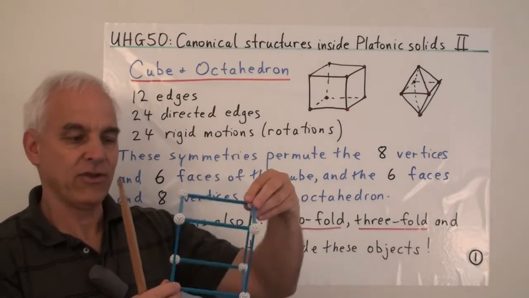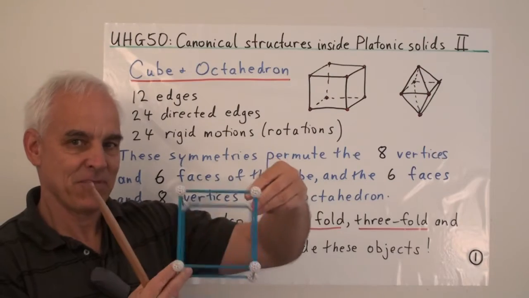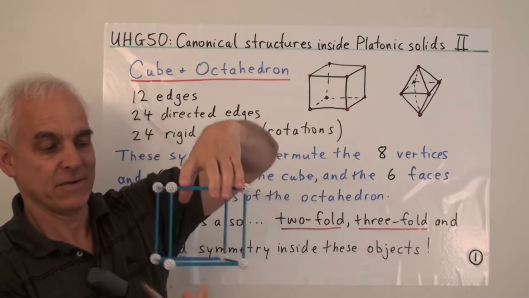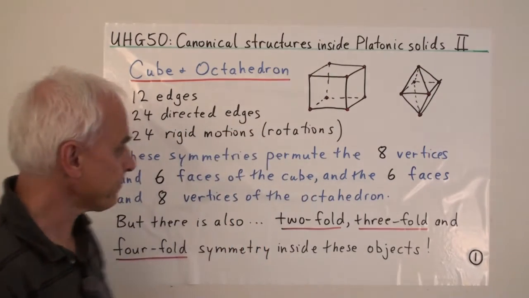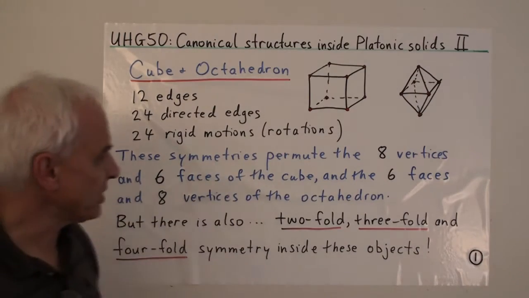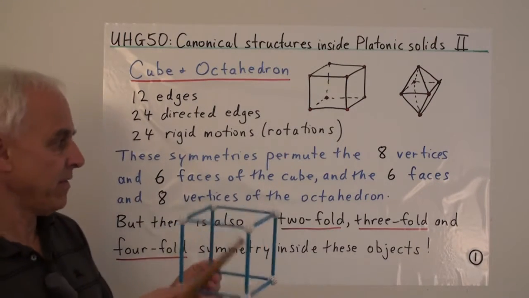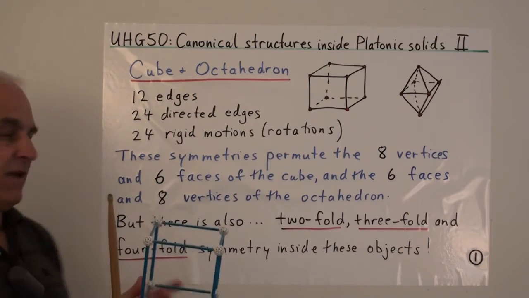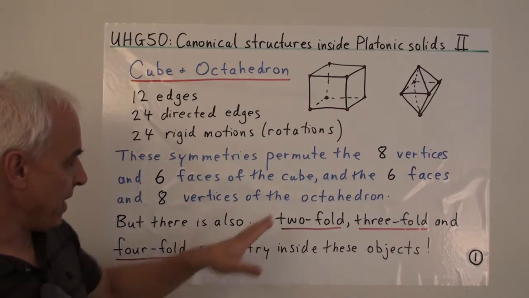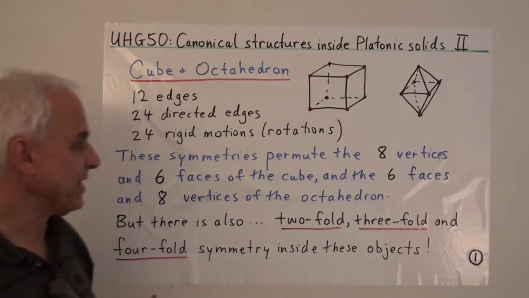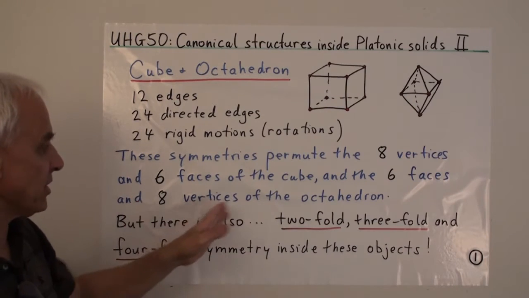Rotations about vertices, or about edges, or about essentially faces. Okay, so these symmetries, of course, permute the 8 vertices and the 6 faces of the cube. And they correspondingly permute the 6 faces and the 8 vertices of the octahedron.